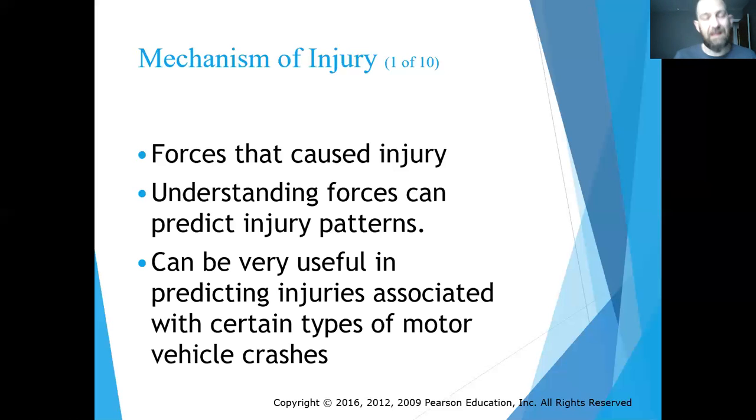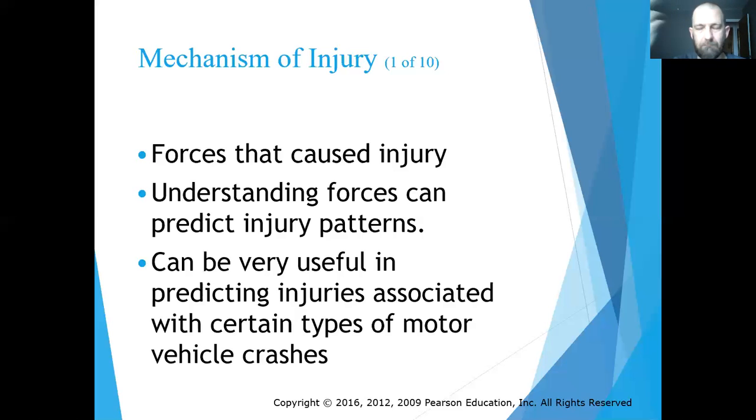Injury patterns can help predict where injuries occurred on the patient, but it's not 100% all the time. It's just not. It's the way things are. It can give you an idea of what you're looking for, but you can't pull up in an ambulance, look at a car that's 50 feet away, and know that it's a head-on collision.